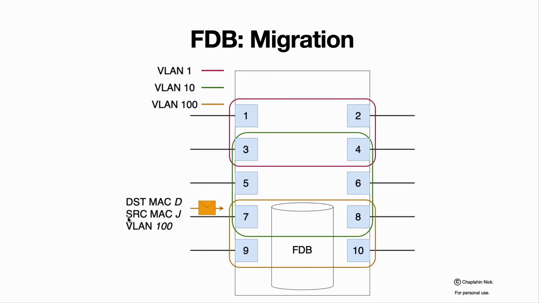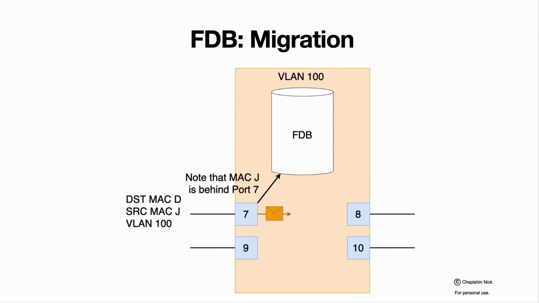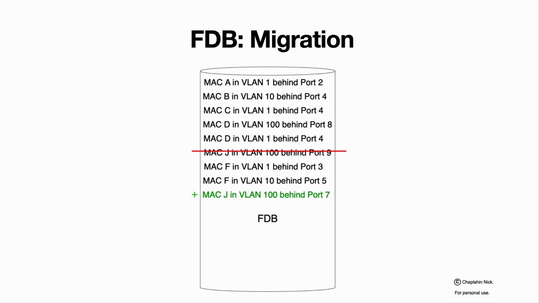We receive a frame in VLAN 100 with source MAC J on port 7, and the learning procedure requires sending a notification to the FDB that in VLAN 100 MAC J is behind port 7. The old entry that we had for MAC J in VLAN 100 is removed.